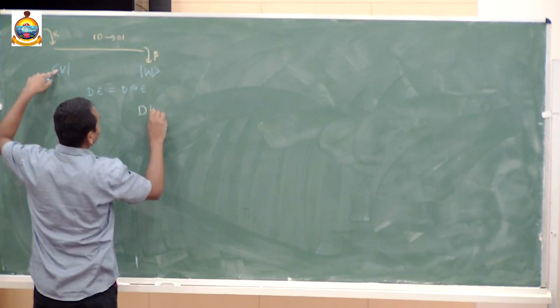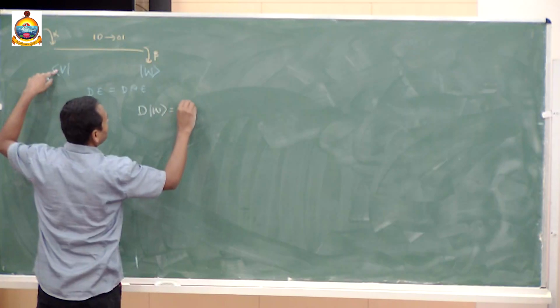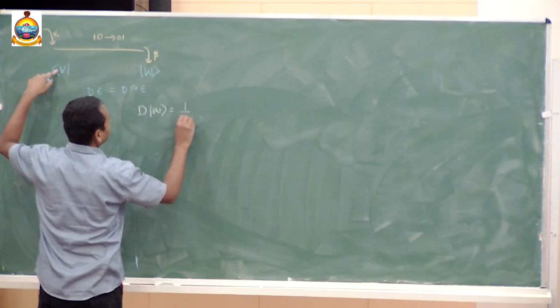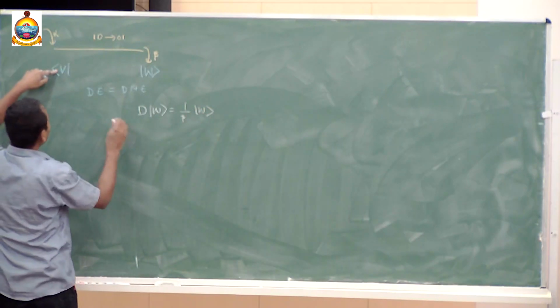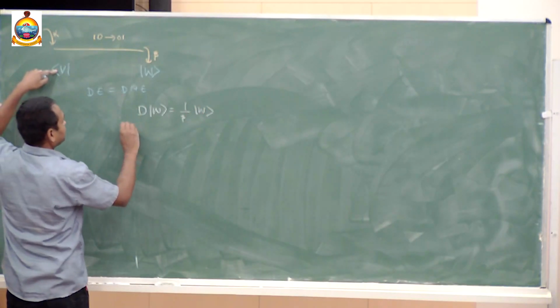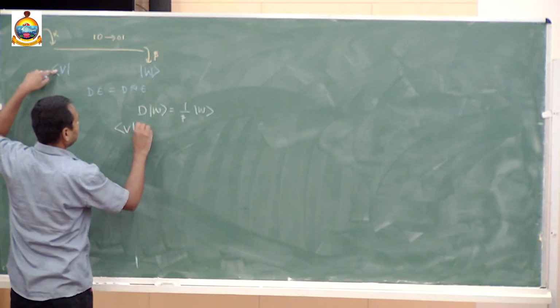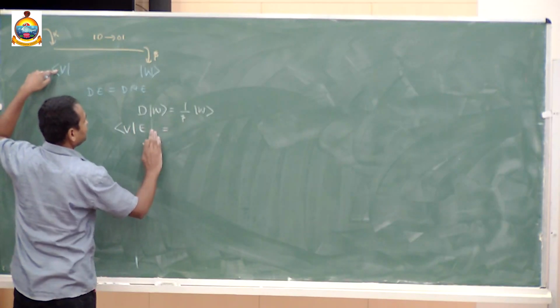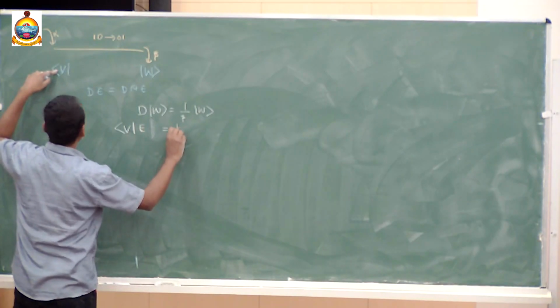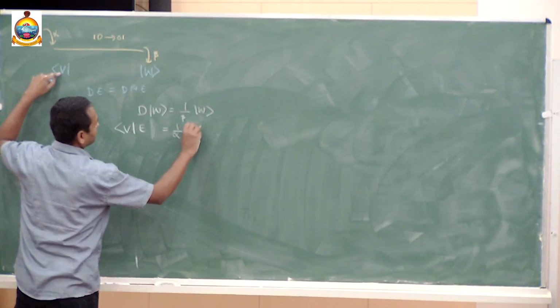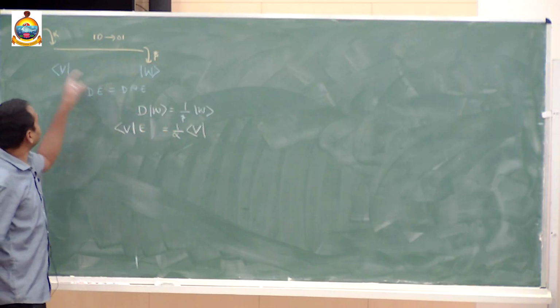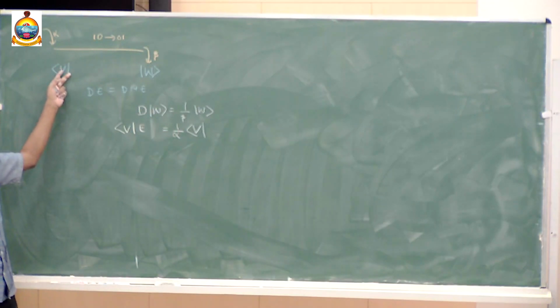Particle goes out, so DW equal to 1 by beta W, and another equation will come, this V will satisfy VE equal to 1 by alpha V. Okay, so these rates alpha and beta will somehow adjust to the boundary ones.